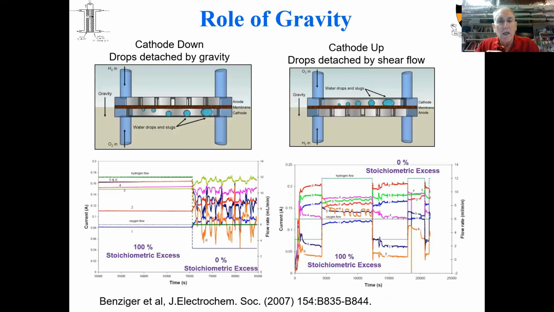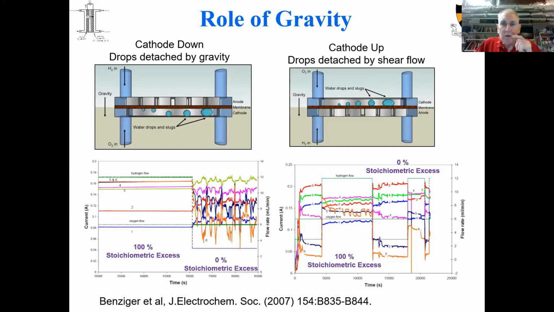You can take these layered materials where you have the membrane in the middle, and you have your anode at one side of it and cathode at the other side. And I can orient the cell so that I could have either the anode facing up or the anode facing down.